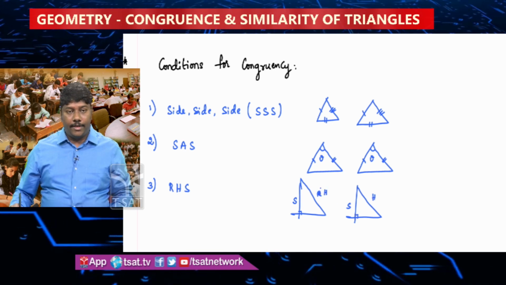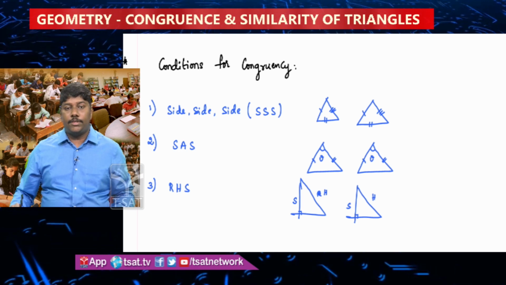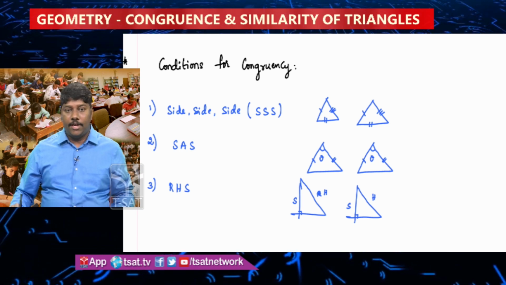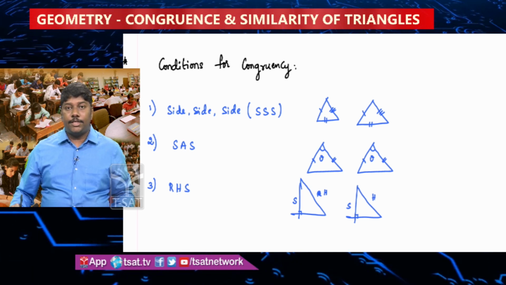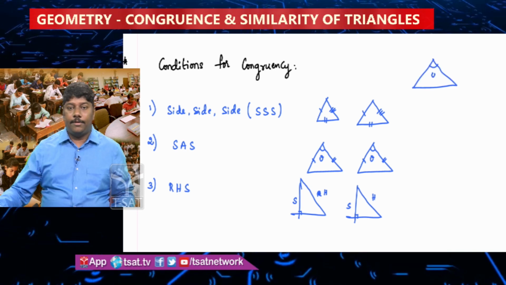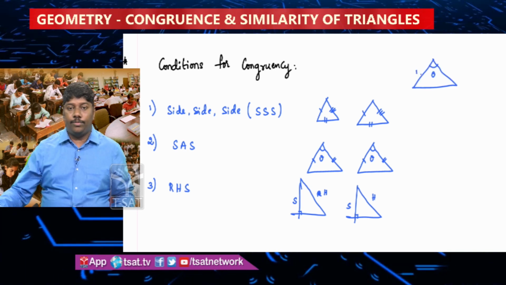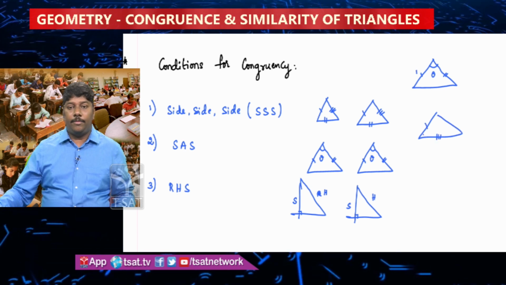So out of these three, the first one: all three sides of one triangle are equal to all three sides of another triangle, then they are congruent. The second one, two sides and their respective angle should be equal. Suppose this angle is theta, side 1, side 2. Another one, side 1, side 3, angle between them is theta.